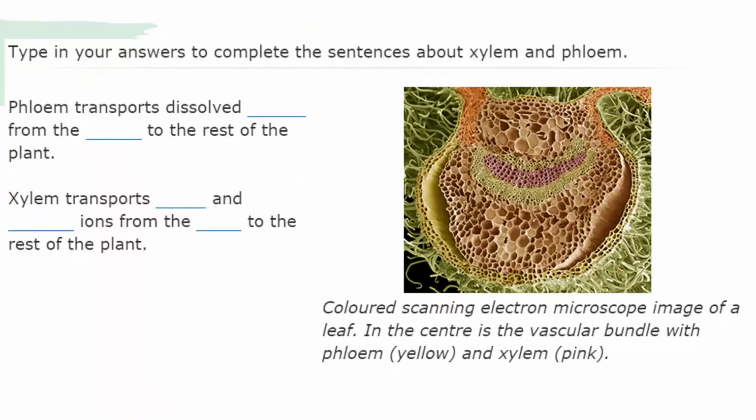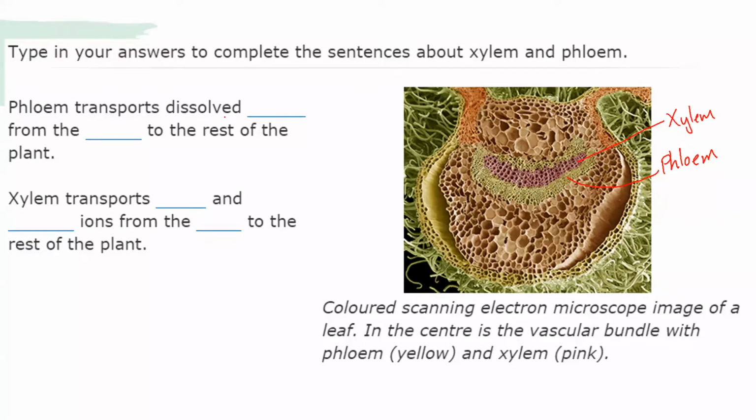Okay, so this is a check. This is an electron microscope image. In the center is a vascular bundle with the xylem pink and the phloem yellow. So that's a phloem, I know the colours are a bit funny, and that's a xylem.